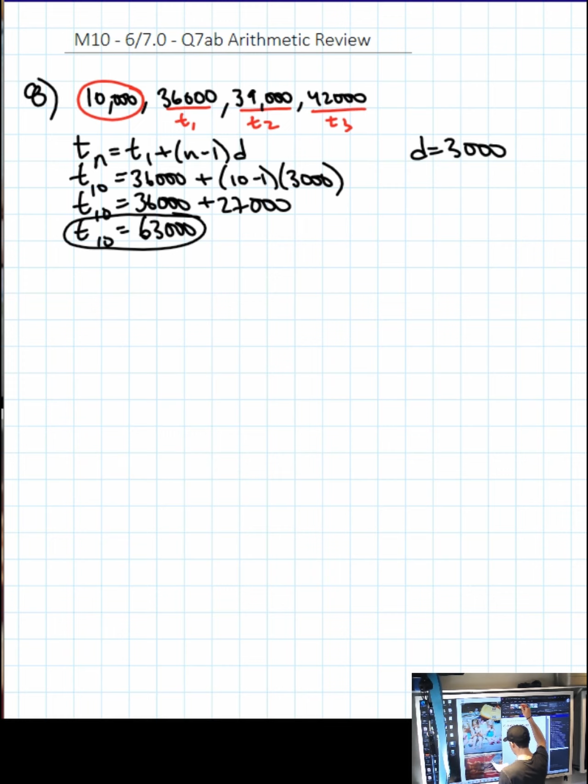Okay, that was the first part of the question. The second part of the question says, how much will you make total after 10 years? So that's S10. So Sn equals. Now, we've already calculated Tn, so we may as well use the simpler formula, n over 2, open bracket, T1 plus Tn.